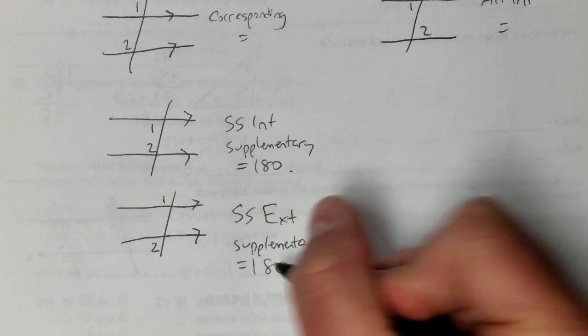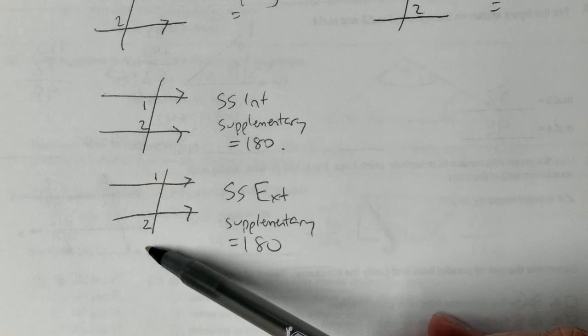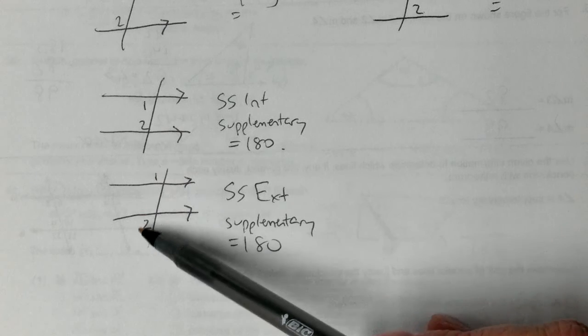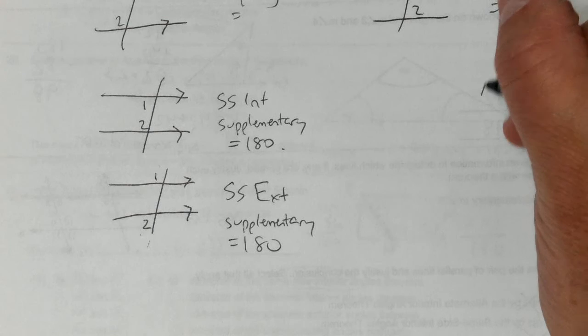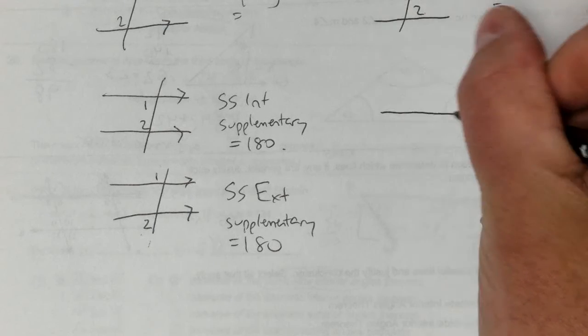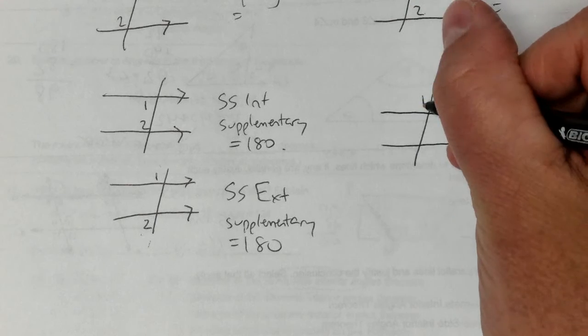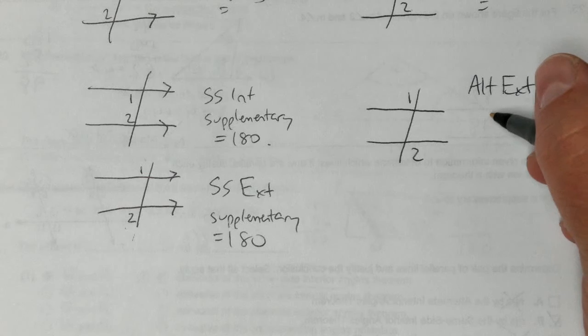So that'd be equal to 180. So again, think of them being on the same side of the transversal, but one high up and one lower. So those are same side exterior. And then the other one is alternate exterior. Like that. And those are equal.